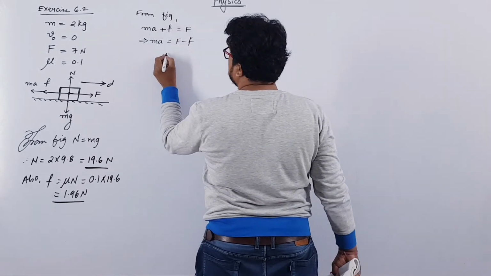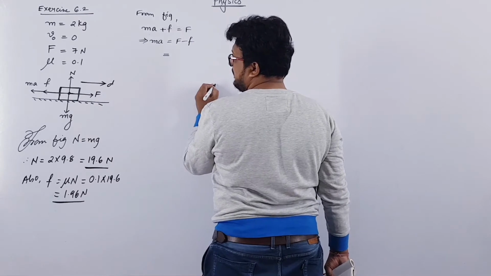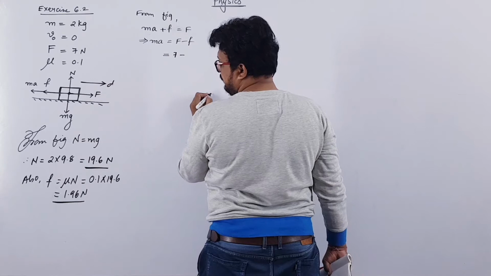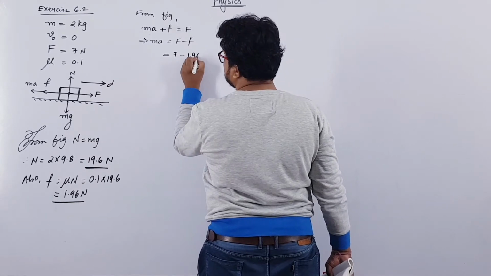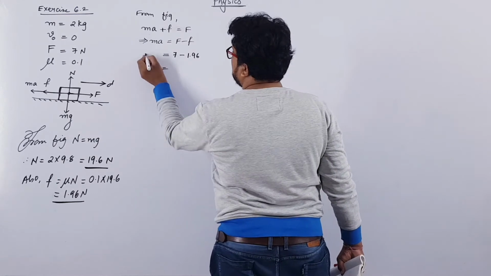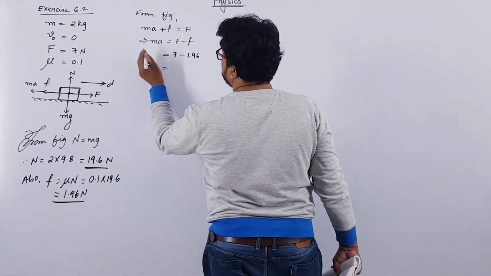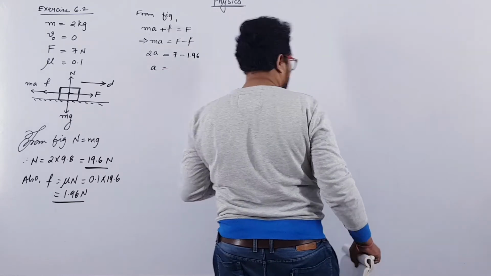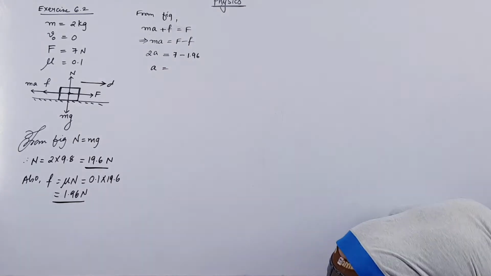So what is F? F is given as 7 Newton minus the frictional force, 1.96. So you get 5.04 equals m a, m is 2, so 2a. So a will be equal to 5.04 divided by 2.